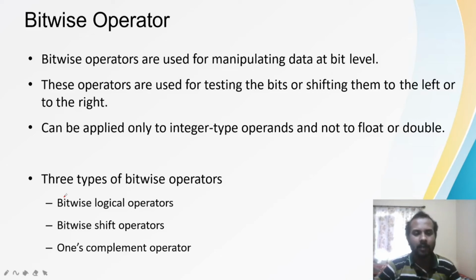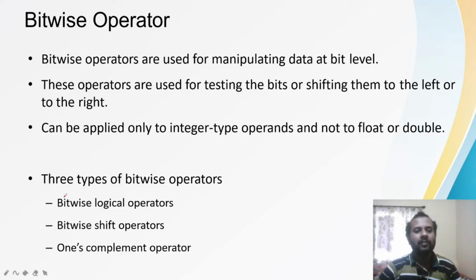So the bitwise operator cannot be applied to real numbers, but it can only be applied to integer type values. Bitwise operators can be divided into bitwise logical operators, bitwise shift operators, and the one's complement operator.